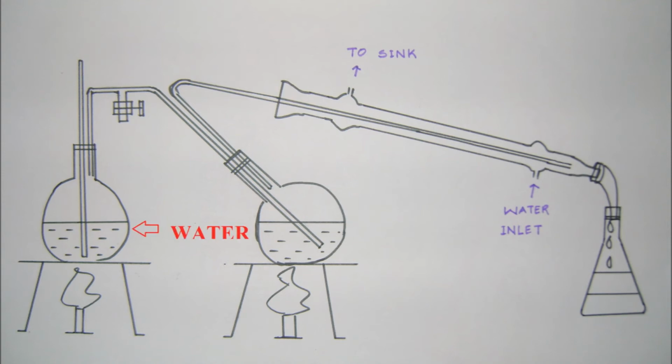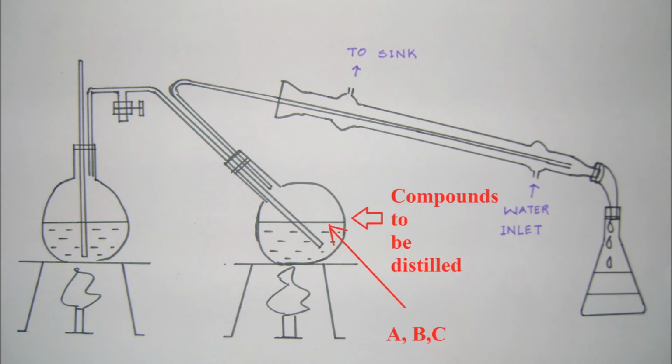And the first round bottom flask contains water, which is a difference from the earlier types of distillation, simple and fractional distillation, which contained only one RB containing the compounds to be distilled. But in steam distillation, the first RB contains water, not the compounds to be distilled, and the second RB contains the compounds to be distilled, that is A, B and C.